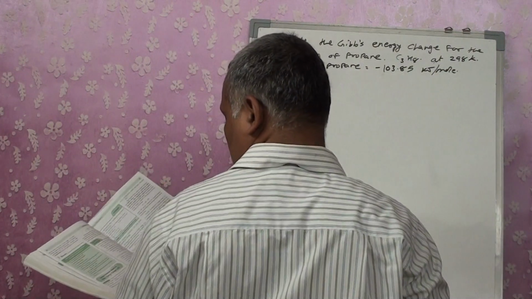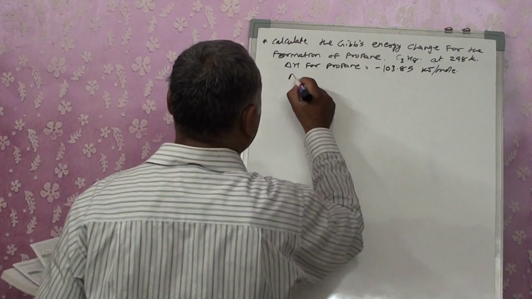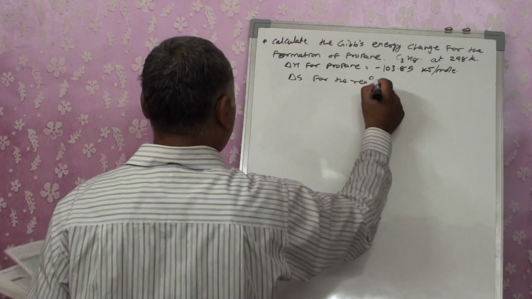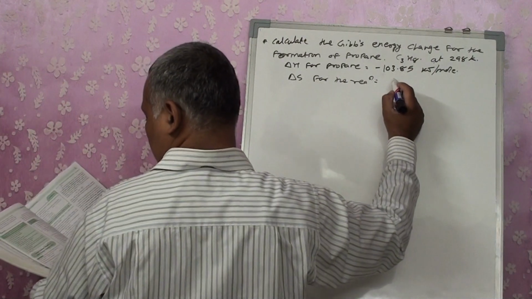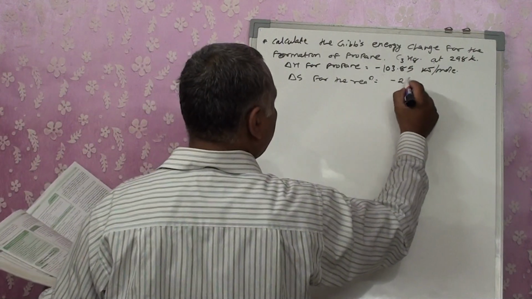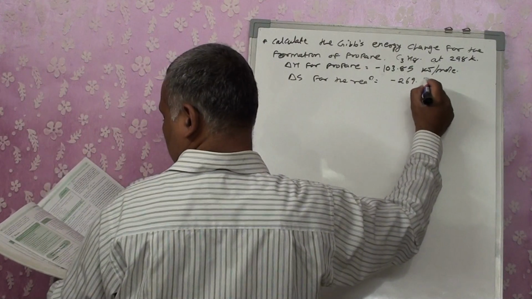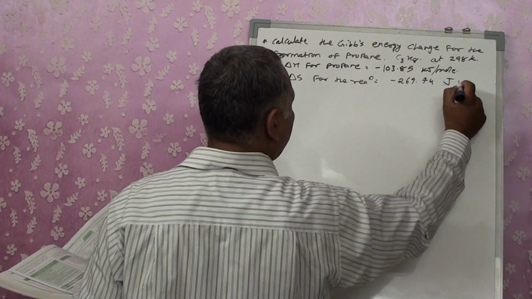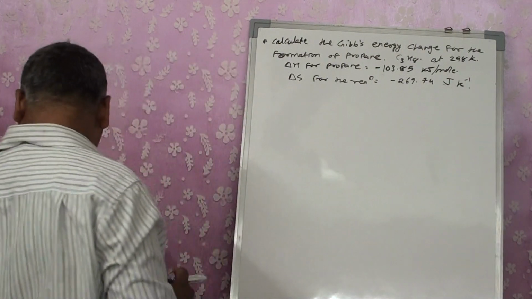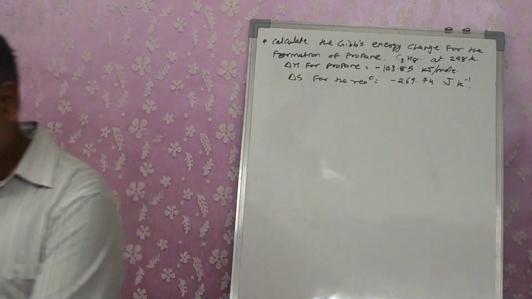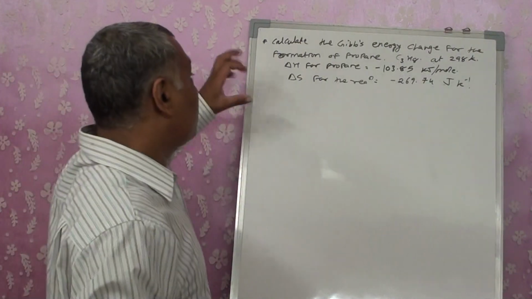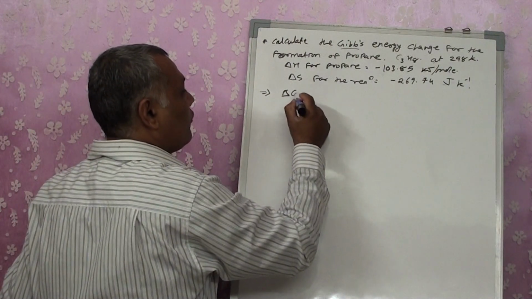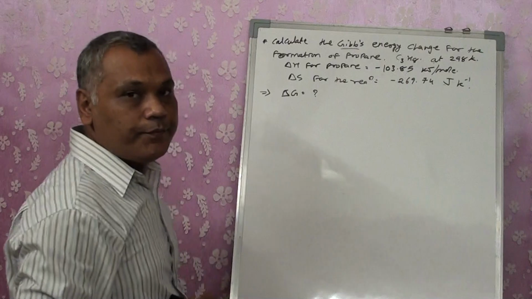And the entropy for the reaction is given to us as minus 269.74 joule per Kelvin. Okay, now particularly for this question, what is given to us? Free energy. That means we want to find out delta G.